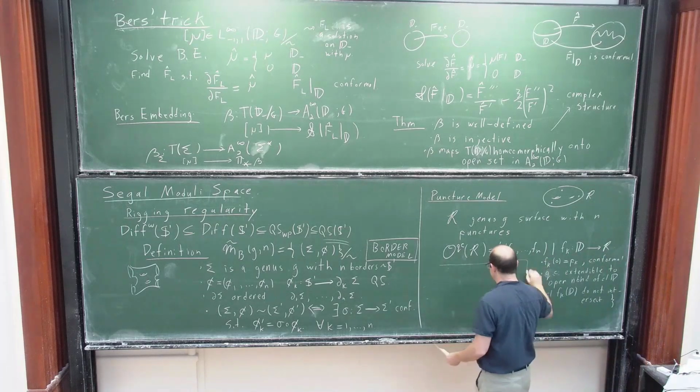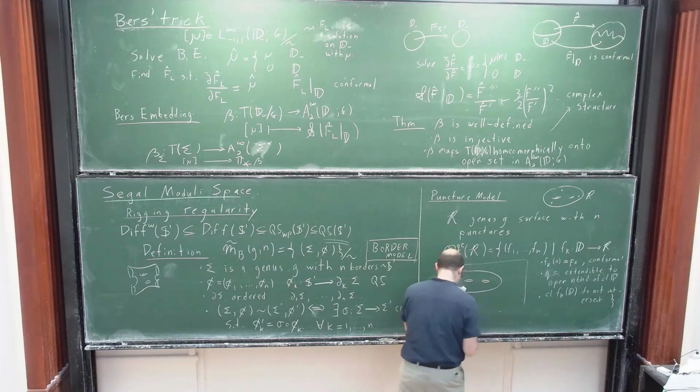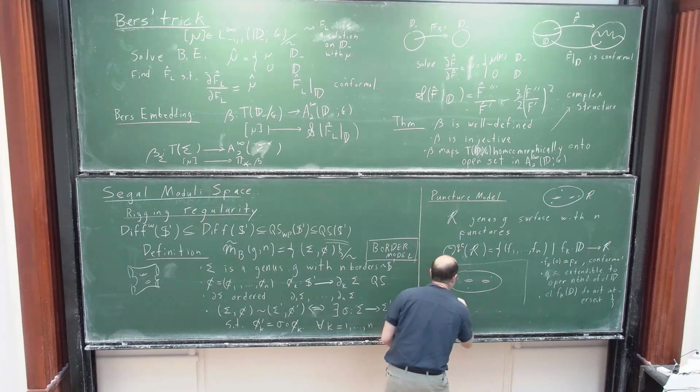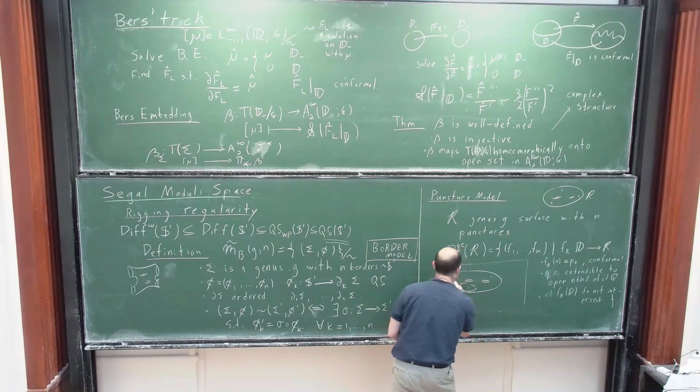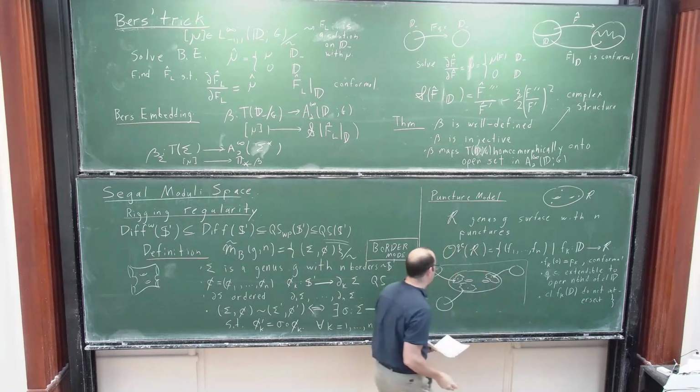The picture is, now instead of having boundary parametrizations, you have some punctures and a number of mappings, and they map onto jagged domains, because we're not demanding much of the boundary behavior of these things.